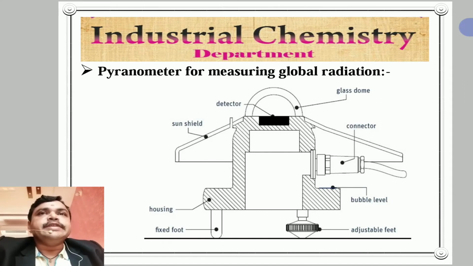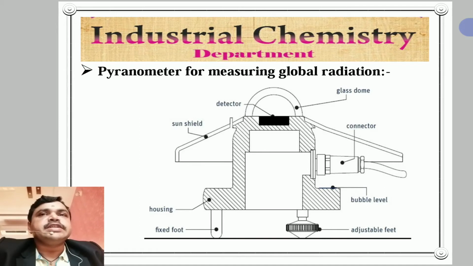It is an instrument that measures global radiation over a hemispherical field of view. It consists of a black surface which gets heated when exposed to solar radiation.